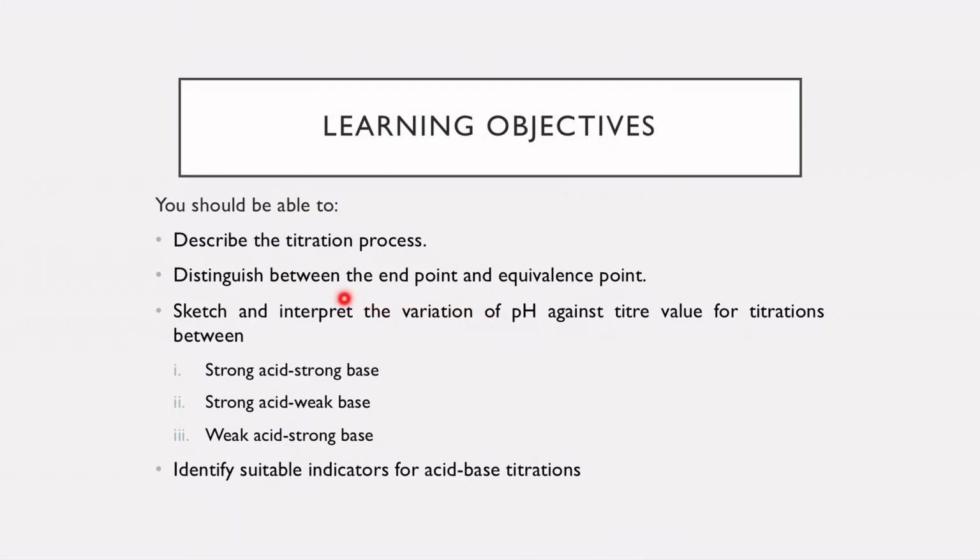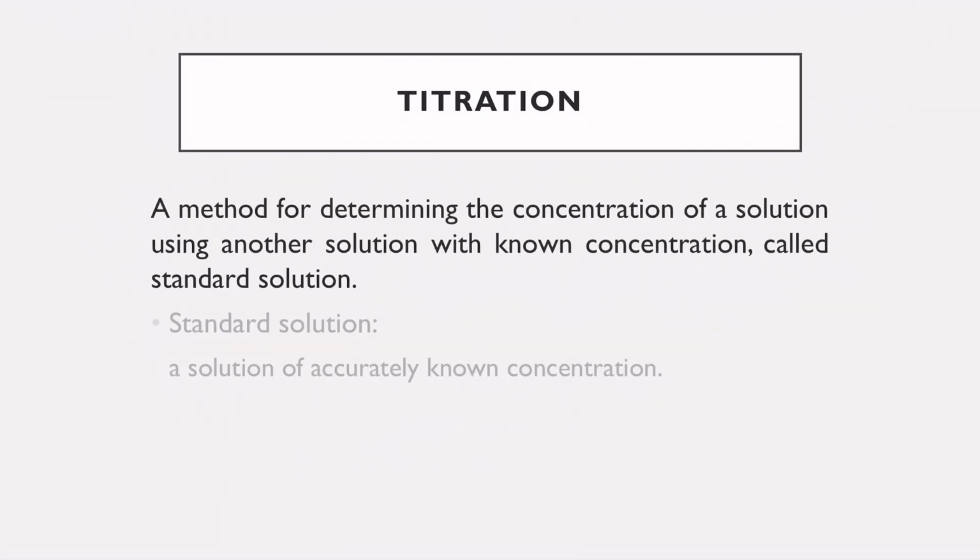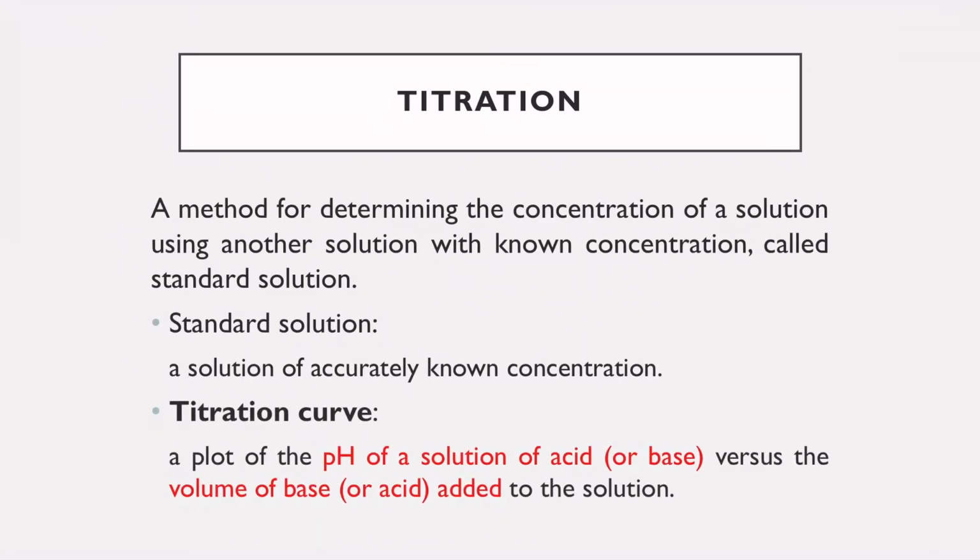So we will focus on these two, because this will be something new for you. Alright, first of all, titration: you know that you will titrate your acid or base from your burette into a conical flask.